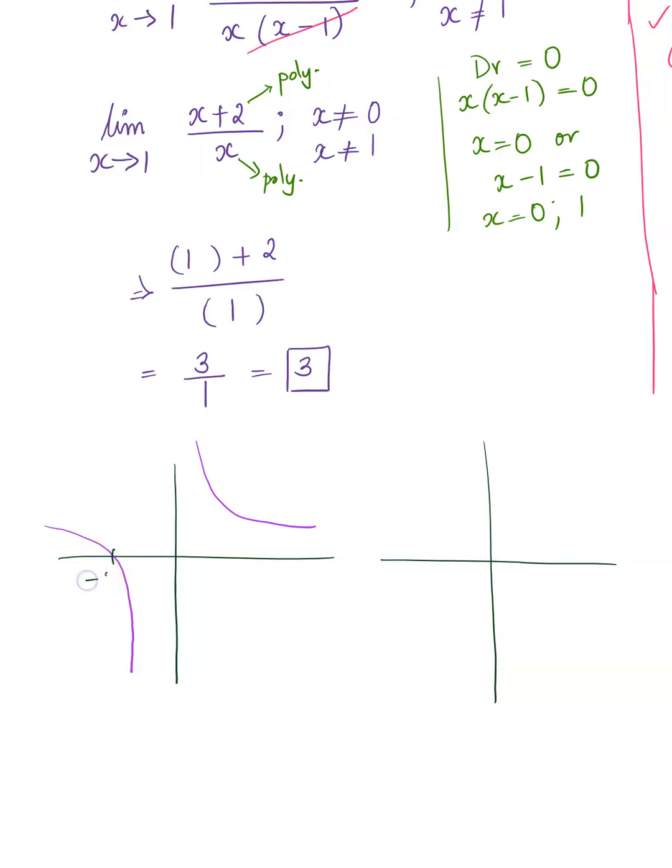So this was -2, 1 and 3, right? That's the point. This is the problem on the graph, where this purple graph is y equals x squared plus x minus 2 over x squared minus x. Now, when you actually do the simplification, you have the same graph.